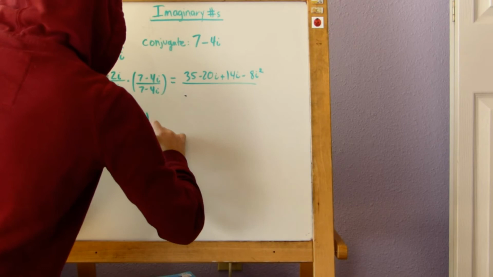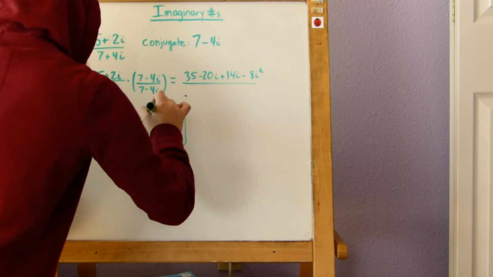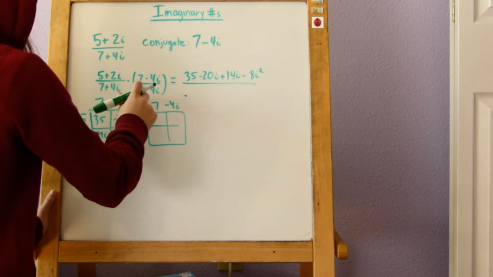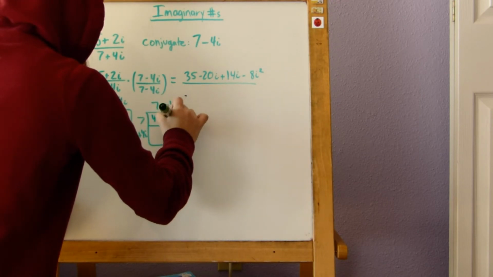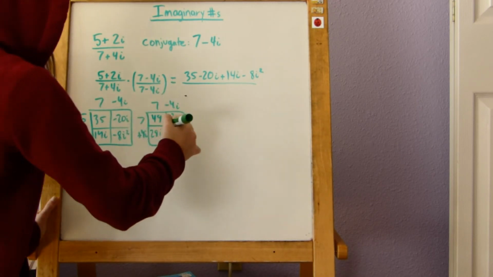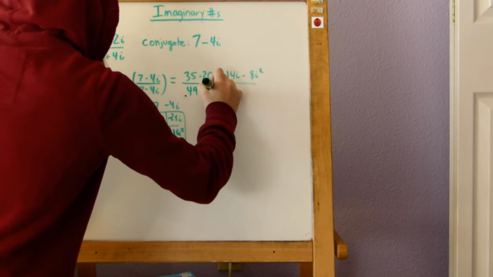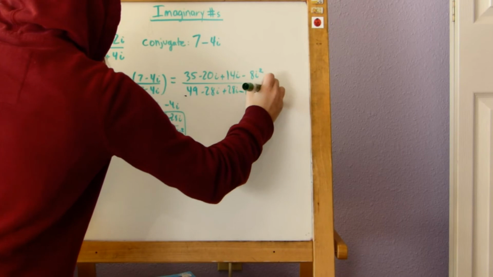Now the bottom, do the same thing, but with the bottom, a couple of things are going to cancel, because you can see plus 28i minus 28i, so just a heads up, the 28s are going to cancel, minus 16i squared.